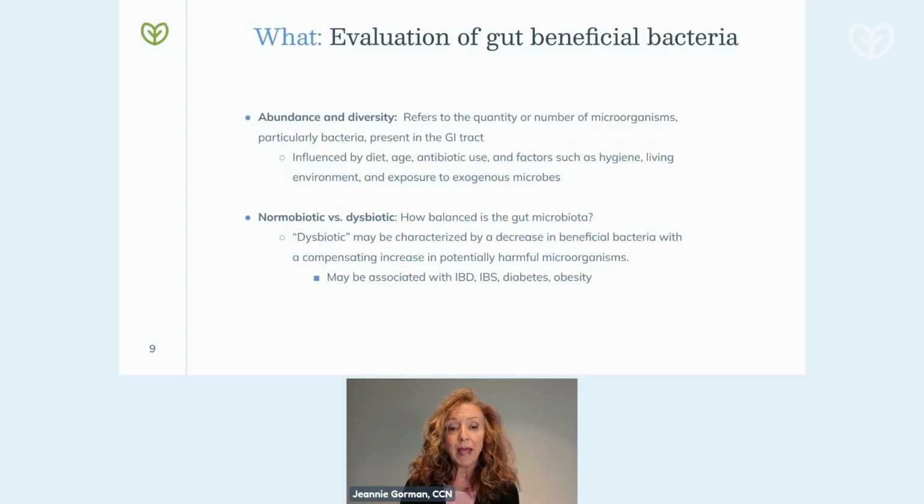Normobiotic versus dysbiotic: how balanced is the gut microbiota? In other words, when we are assessing the beneficials, we are not going to be eradicating. We are just looking for the balance. Where is there an overabundance and an underabundance? The imbalanced microbiota may be associated with an IBD patient, IBS patient, the diabetes patients, and the obesity patients.